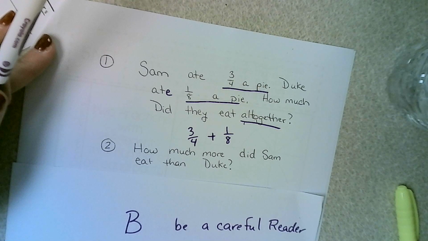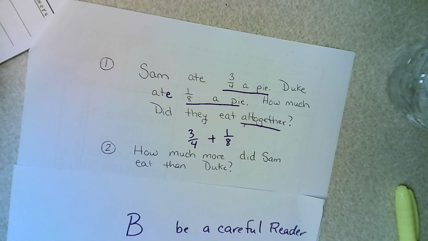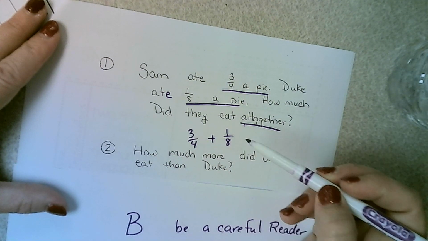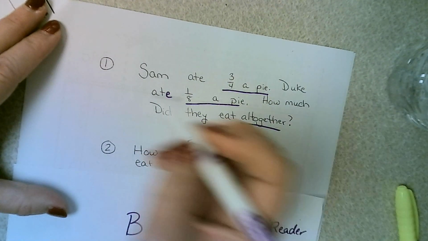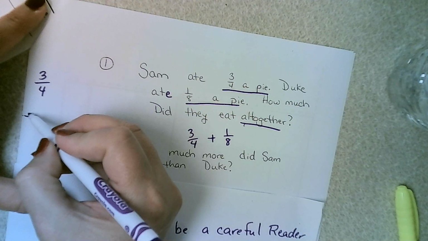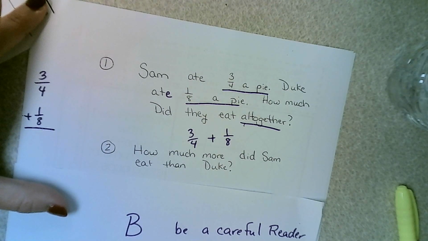Probably not. If you want to work out to the side or get a scrap sheet of paper, that's fine. And if you're like me, you rewrite it up and down. So I would write 3/4 plus 1/8. What is the next step?